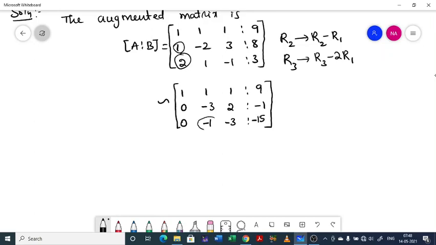Now we need to make this 0, so R3 changes to 3R3 minus R2.